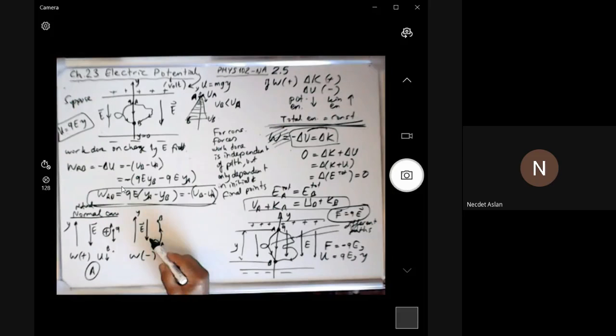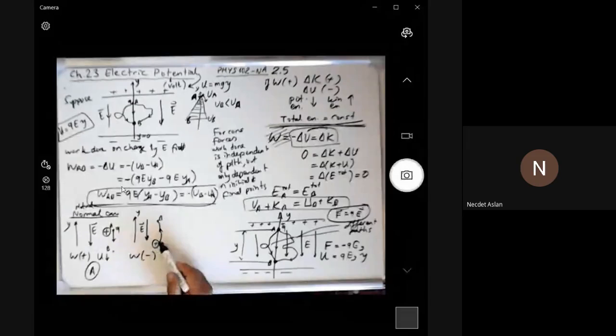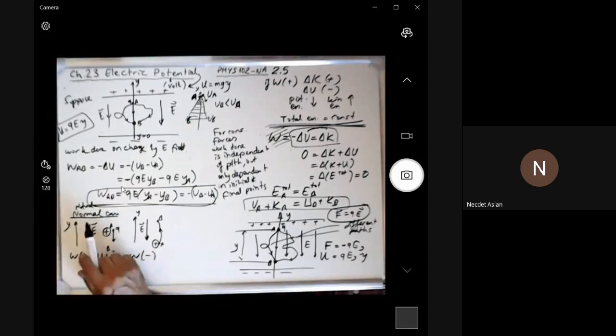So in this case, normally the electric field would do the work if the charge is going downward, because it would be the force that governs the motion here. But in this case it's opposite, because maybe there is another force which is greater than the electric field, so that the object is moving from point A to B, increasing the Y distance, which is not the normal circumstance.